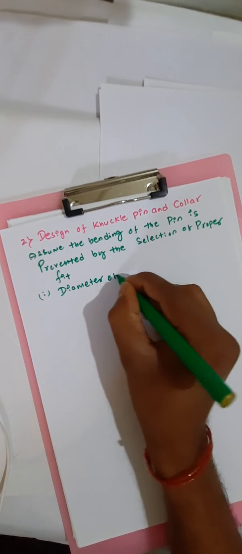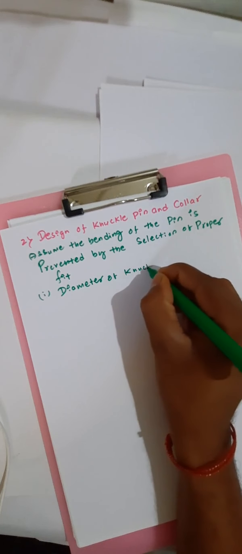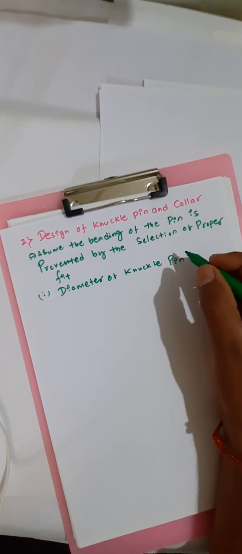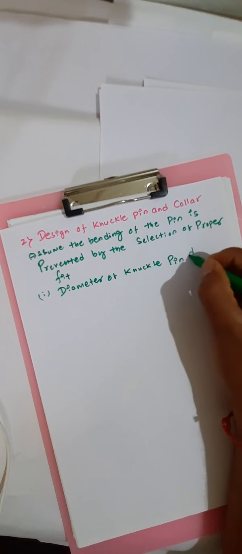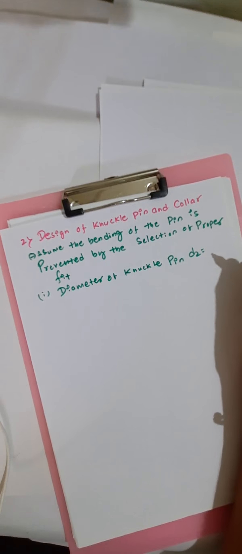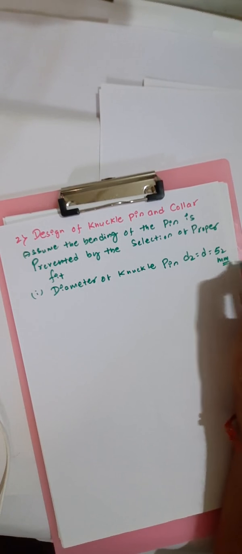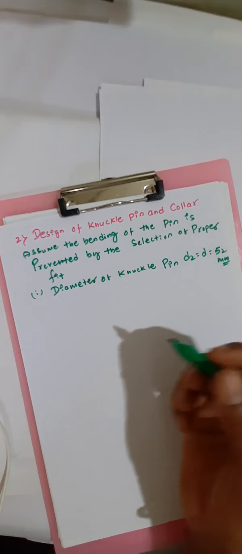Next, we need to find the diameter of the knuckle pin. The diameter of the knuckle pin, D2, is equal to D, that is 52 mm.